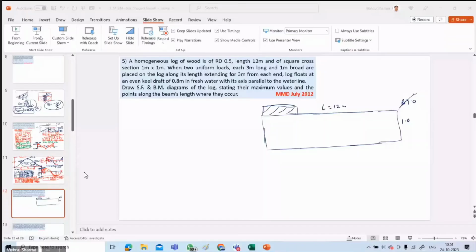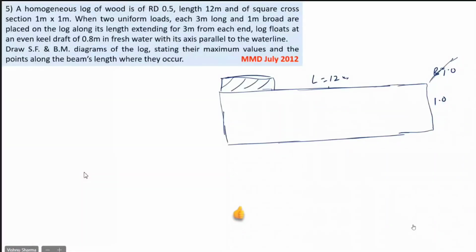Is it visible now, guys? Is it okay? Yes, sir. Okay. So this is the log I have made, 12 meters long. It says two uniform loads of 3 meters at each end. So that means you have uniform loads extending over 3 meters at each end. This is one, this is the other one, right?